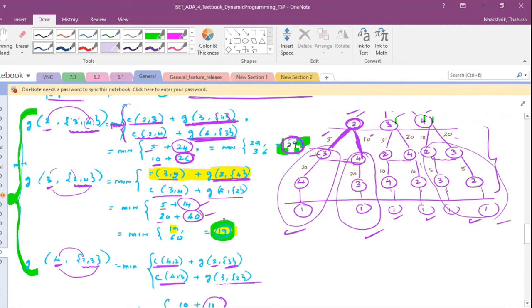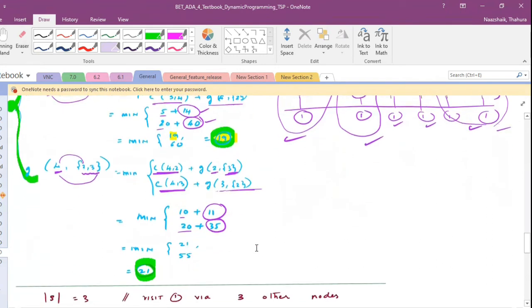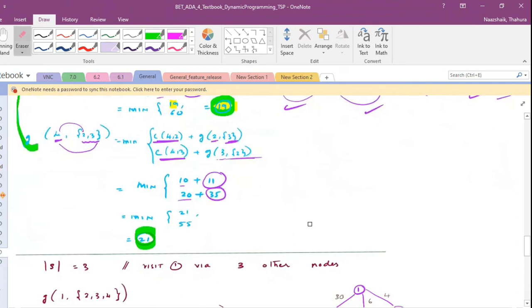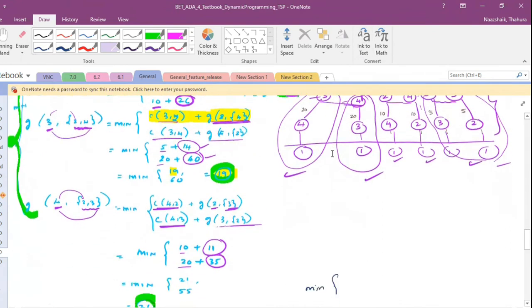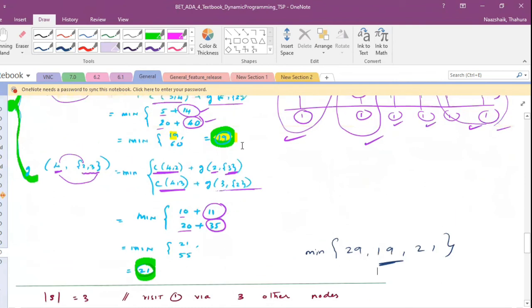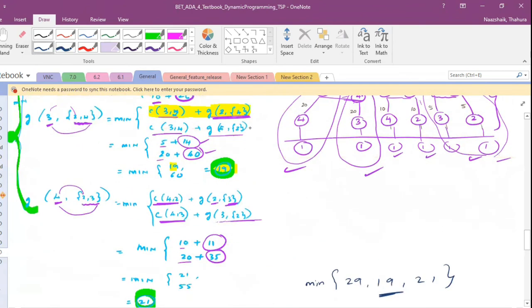So you have 29, 19, and 21. So the minimum is 19. So just highlight this in some color and keep it.